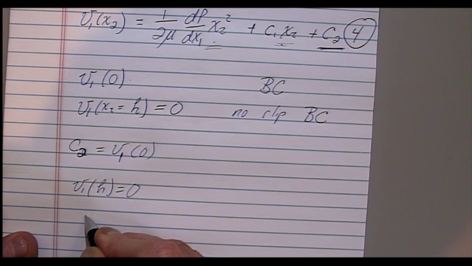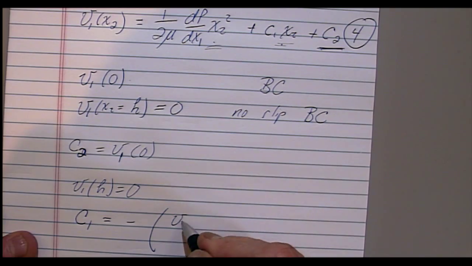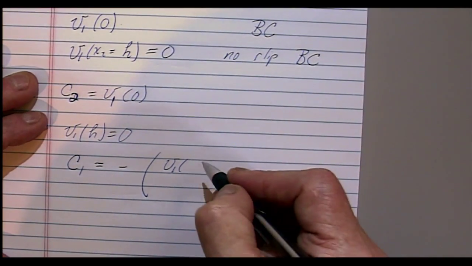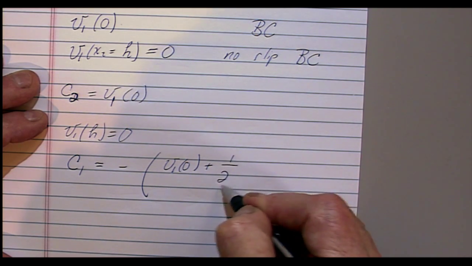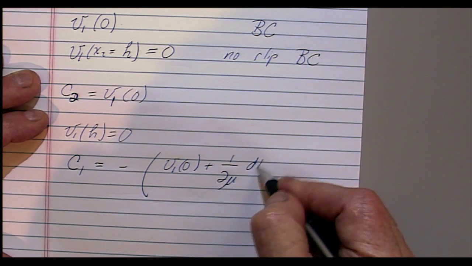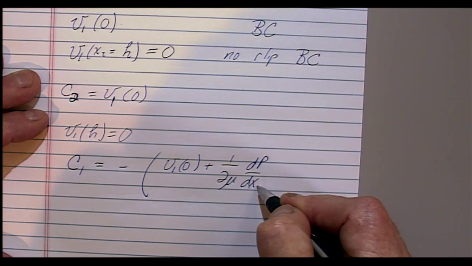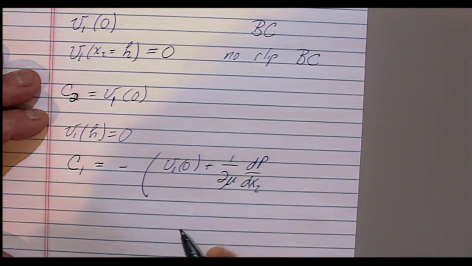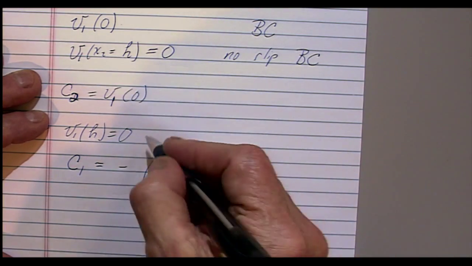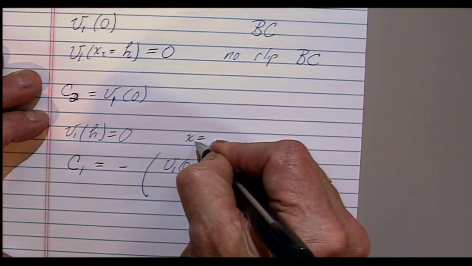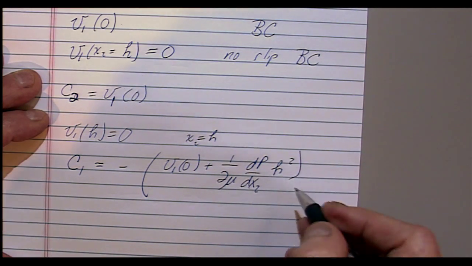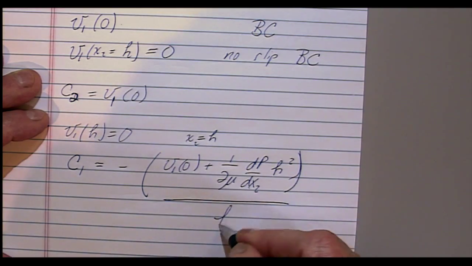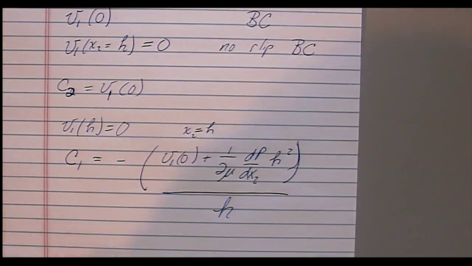I'll let you work through the math, but you'll come up with c1 equal to minus the term v1 at the top plus 1 over twice the viscosity times the pressure gradient. And since we're solving for this at x2 equal to h, we get an h squared here. And then in the denominator of this whole thing, we have h. Okay, so that's what the flow looks like.